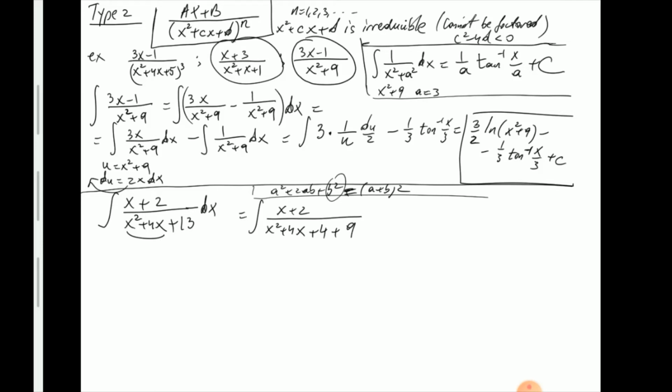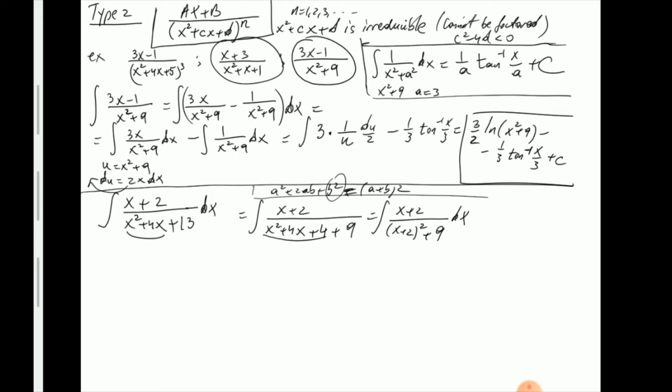So basically you add to 4x, to the middle term, exactly the term that completes the formula a squared plus 2ab plus b squared. And when you do that, then you can combine these first three terms into (x plus 2) quantity squared plus 9. So you need to do this completion of the square.